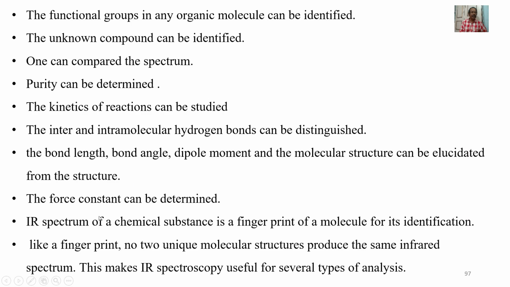The IR spectrum of a chemical substance is a fingerprint of a molecule for its identification. Like a fingerprint, no two unique molecular structures produce the same infrared spectrum. This makes IR spectroscopy useful for several types of analysis.